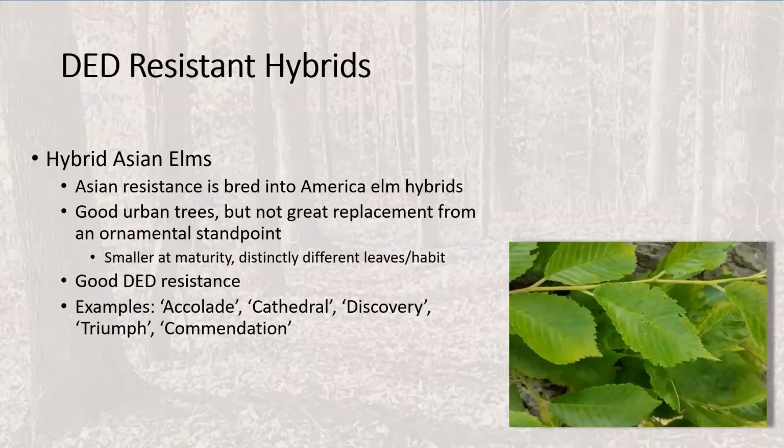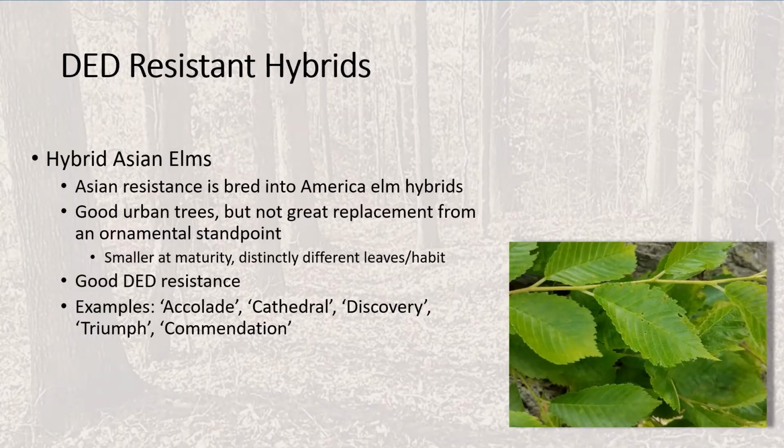So plant breeders have combined Asian elms with our American species and produced some pretty good resistance to Dutch elm disease. But really, they're not a great replacement from an ornamental standpoint.